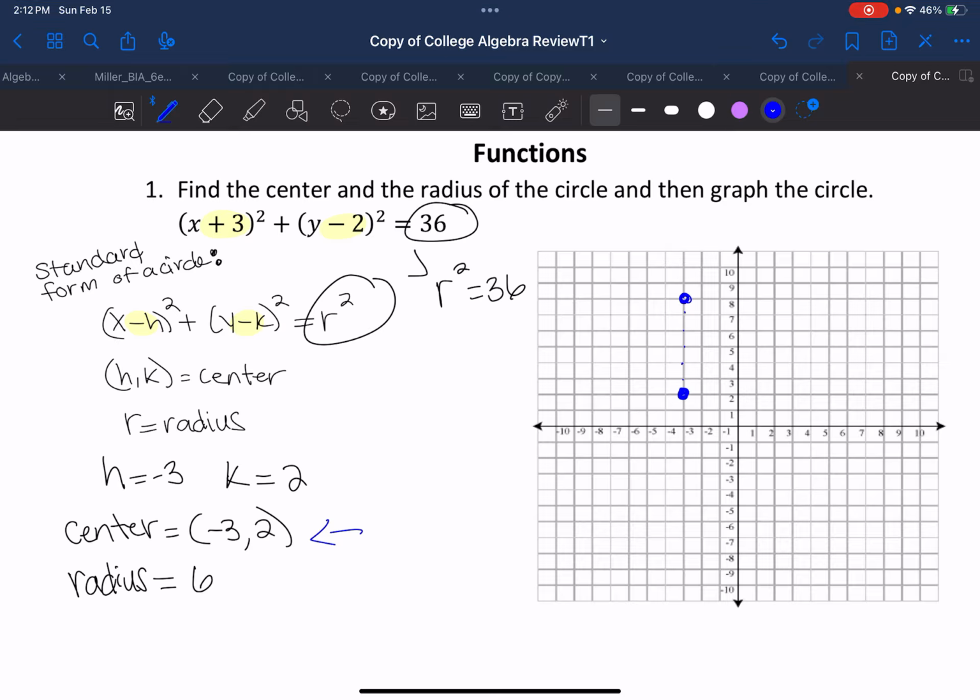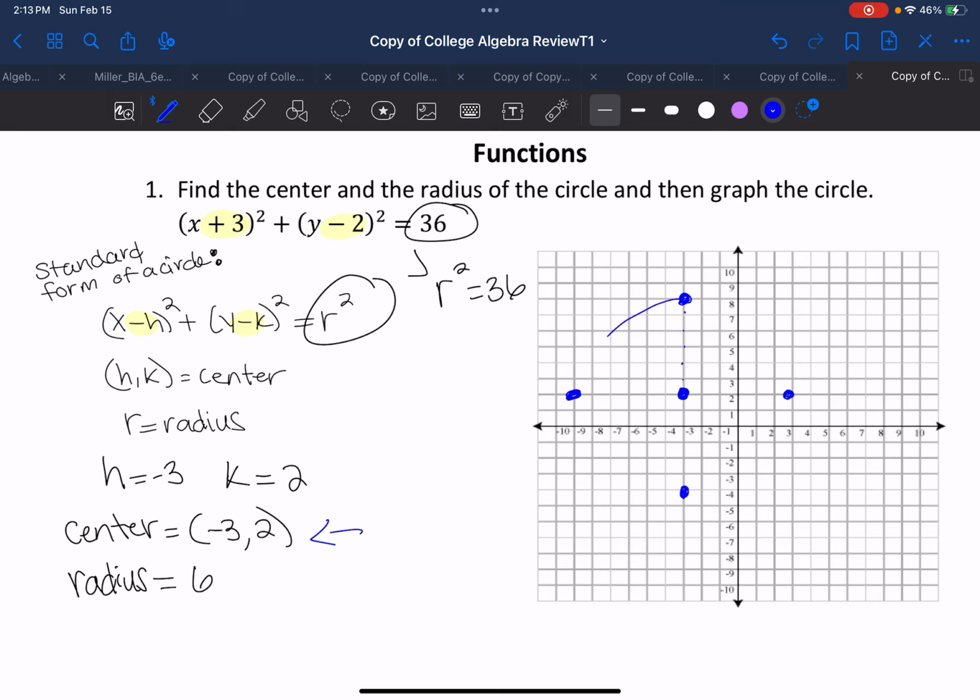That would be at 8. And then from negative 3, this would be negative 9. From 2, this would be negative 4. And this would be positive 3.